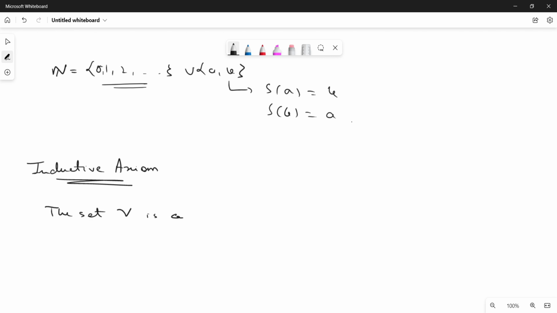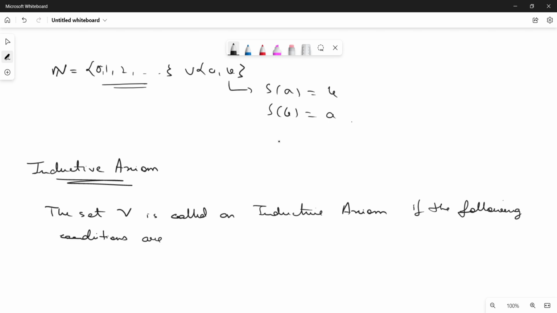The set V is called inductive if the following conditions are satisfied.